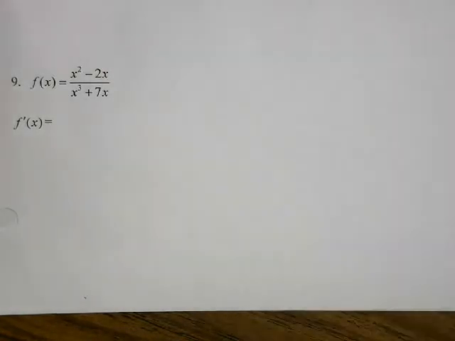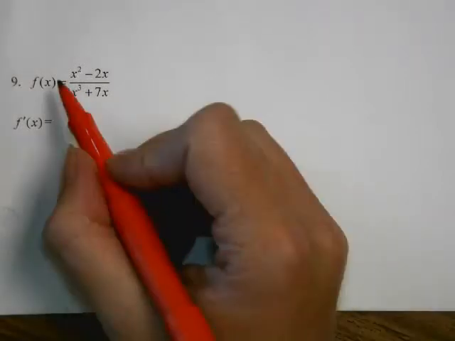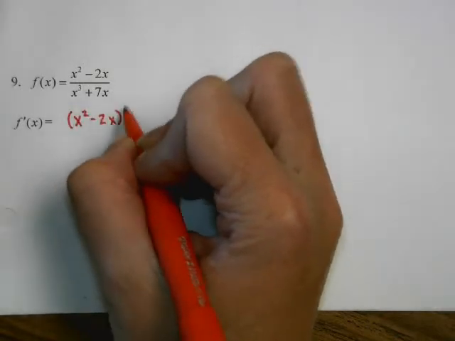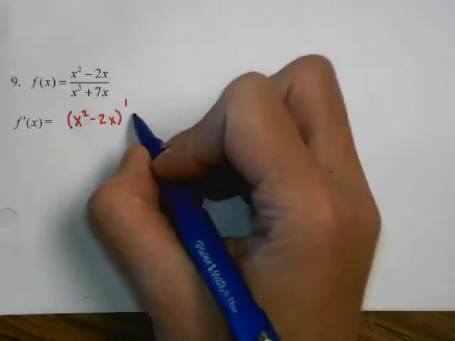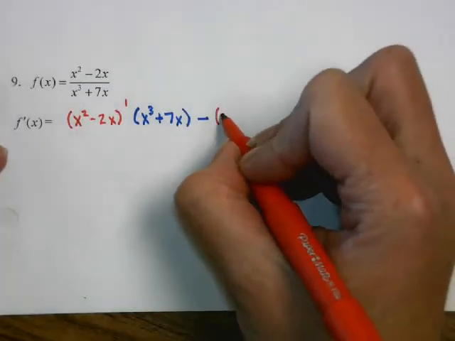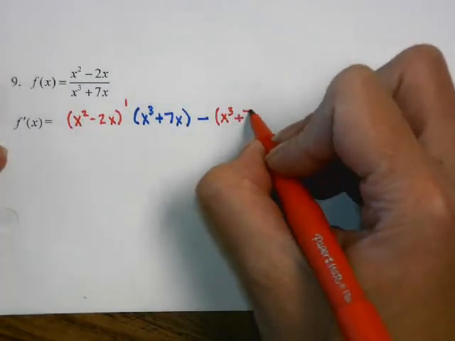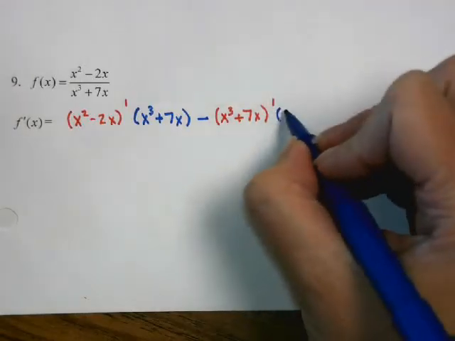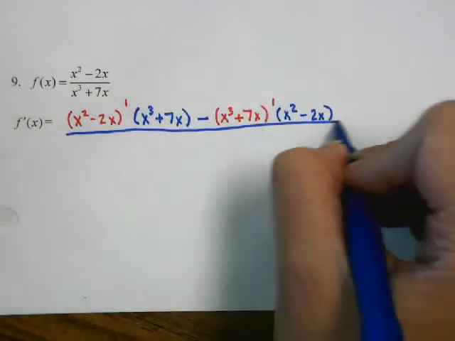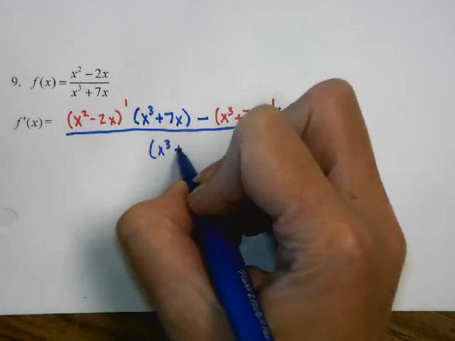Okay, another quotient. So the trick to all of this is just recognizing which rule or rules you need to use. So here we're going to have (x squared minus 2x) prime times the denominator minus the derivative of the denominator times the top all over the denominator squared.